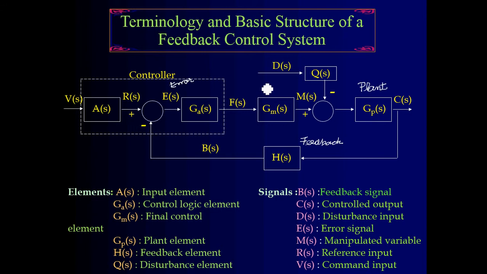This is the one that is going to modify your system. This G sub M is the one that we call the final control in our little diagram. So this is the one that controls your system.